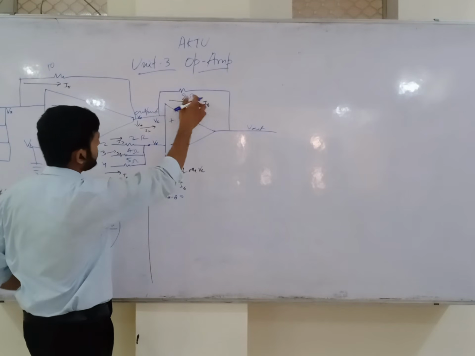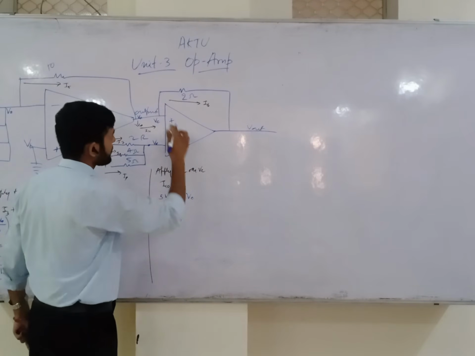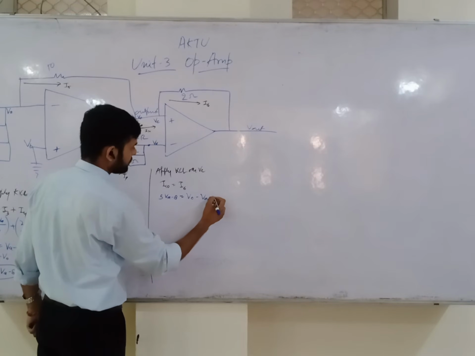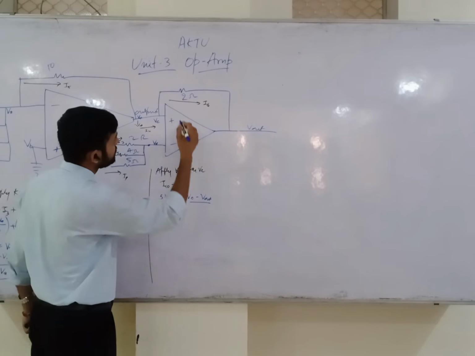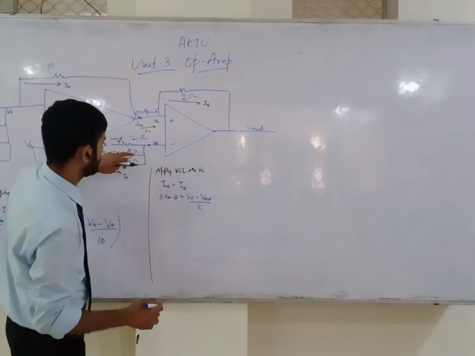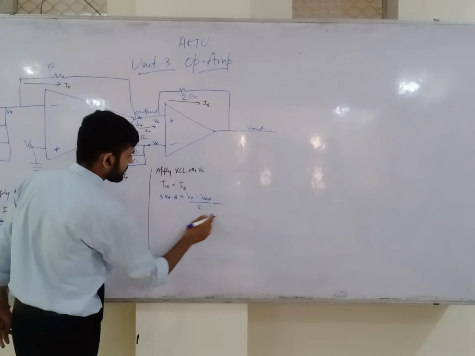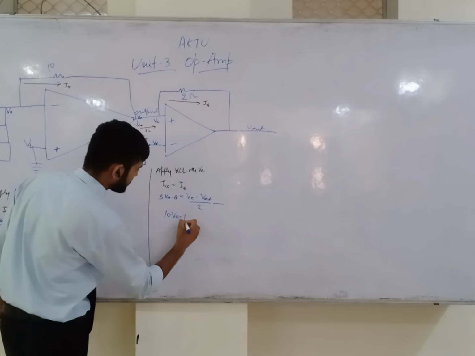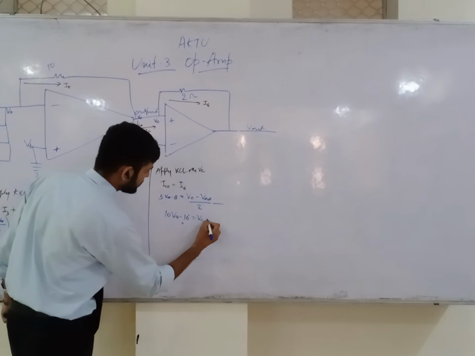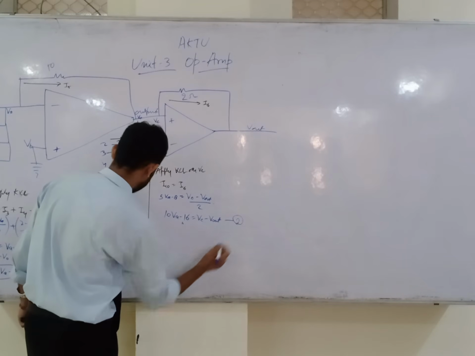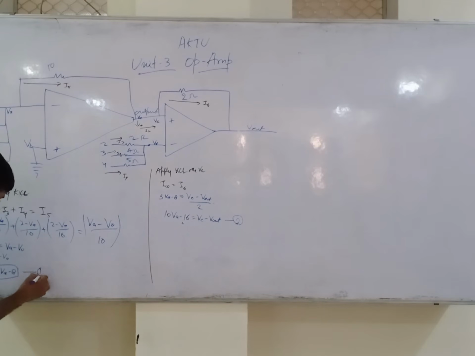So 10VA minus 8, minus 16 is equal to VC minus V output. This is equation 2.